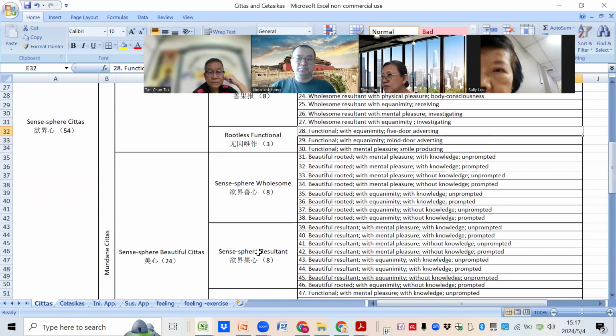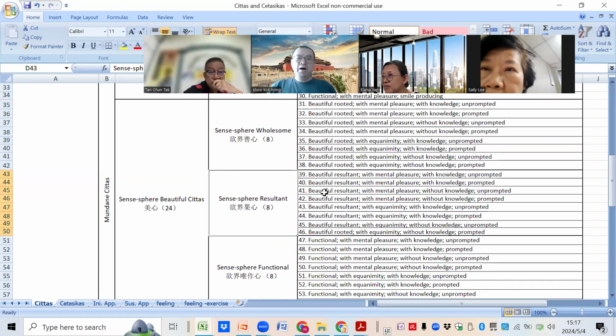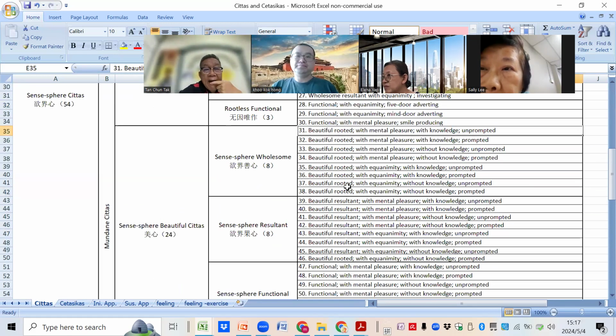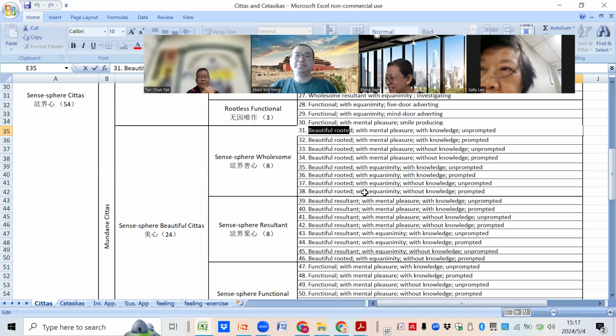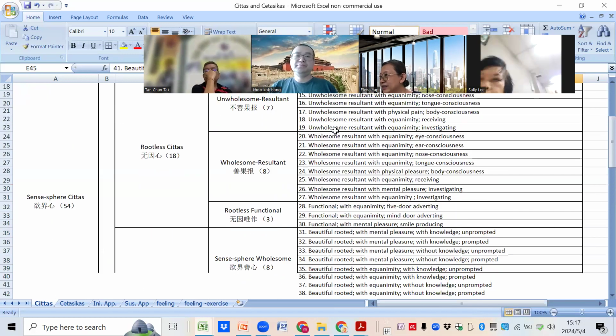And then here, let's take a look. Kokong, do you think they are rooted for number 31 to 38? Are they rooted or not? Yes, they are. Why? Because it is written here, beautiful rooted, meaning it will possess either non-greed, non-hatred, and non-delusion. Here all are rooted.